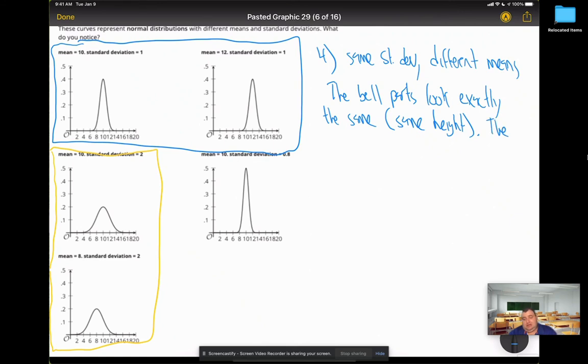The only difference is that the high points are at different spots.